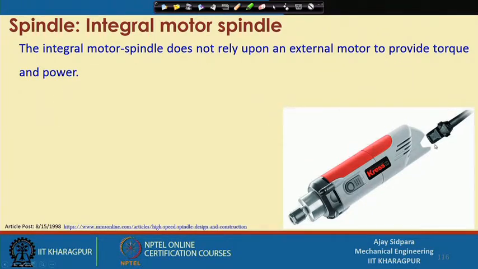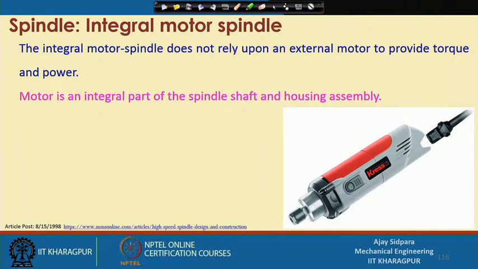So, you just require one power socket here, so that the motor is inbuilt. Even if you are adding an encoder like a rotary encoder, that is also inbuilt within the system. So, everything is very compact and you can easily mount it at a small location in the machine tool. So, the motor is an integral part of the spindle shaft and housing assembly.